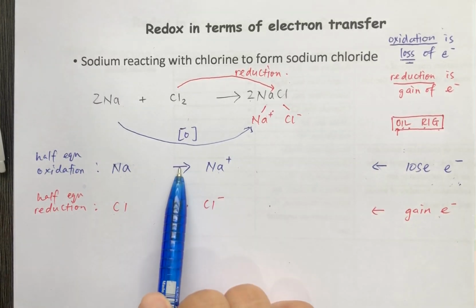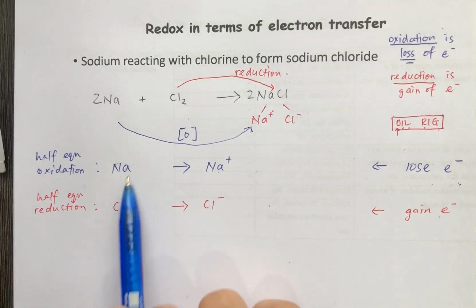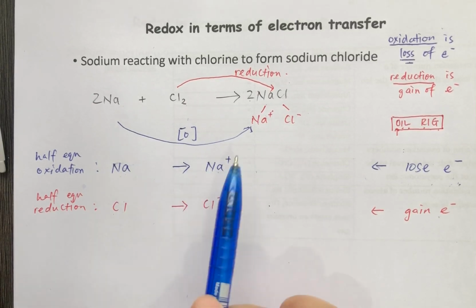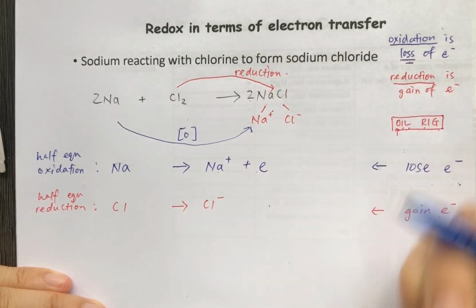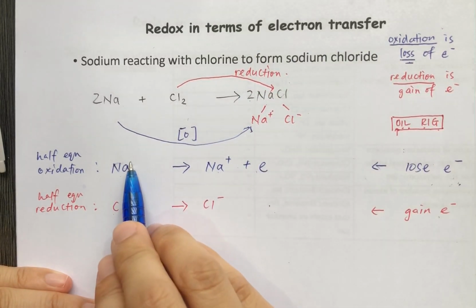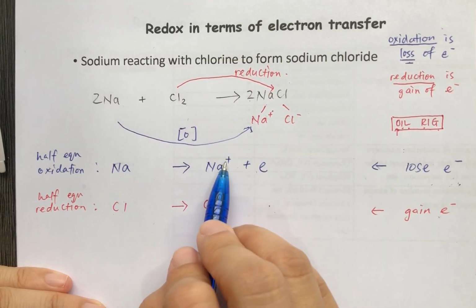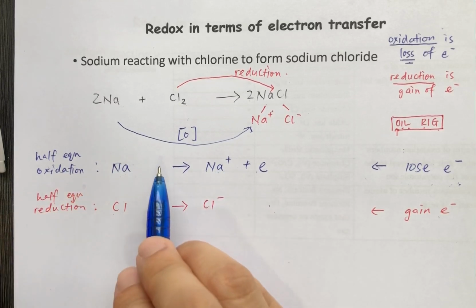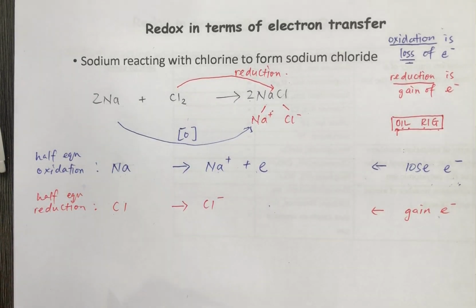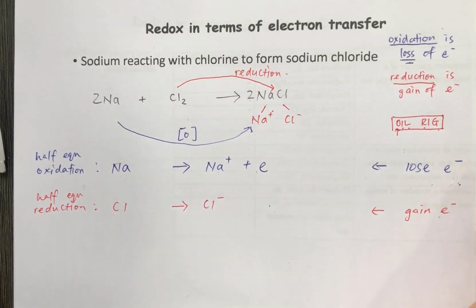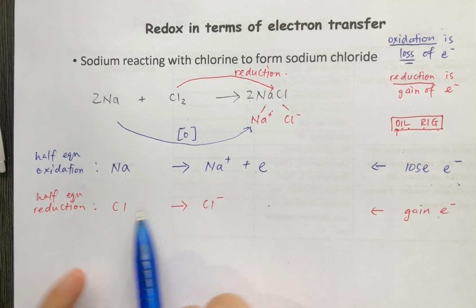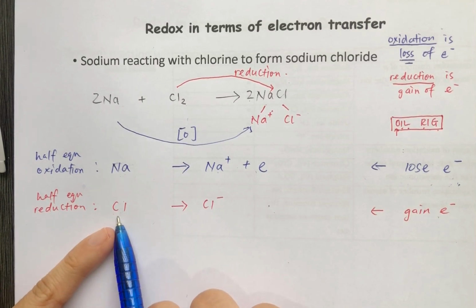So now you see, before the arrow, I have Na. After the arrow, I have Na plus. So which side is more positive? This side, right? So put electron here. The charge goes from 0 to 1, so the difference in charge is 1, so you put 1 electron. If you go from Na to Na2 plus, then you should put 2 electrons, something like that.